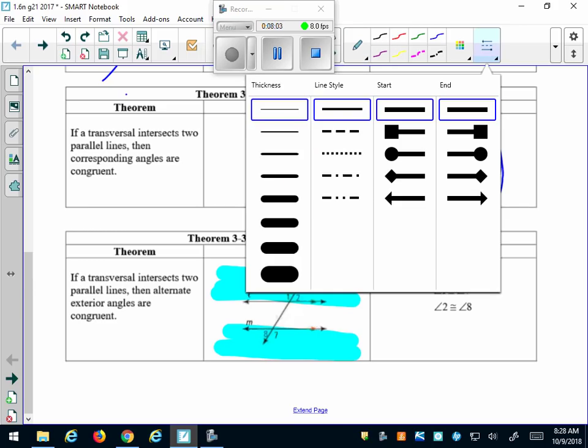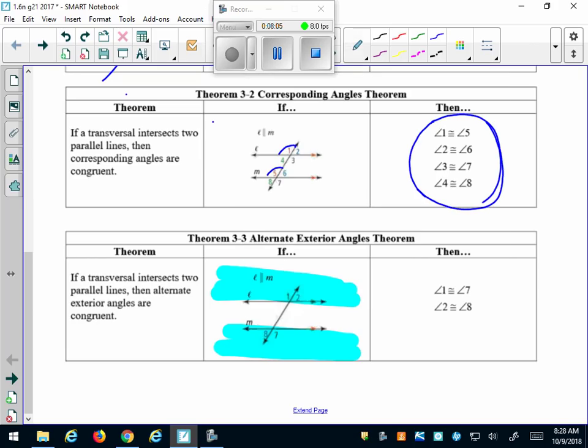So alternate exterior angles are going to be alternating sides of the transversal, but on the exterior. So one up here and one down here. That's alternate exterior angles. One down, one up there, and one down here. So there's 2 pairs of alternate exterior angles, and they are congruent to each other.